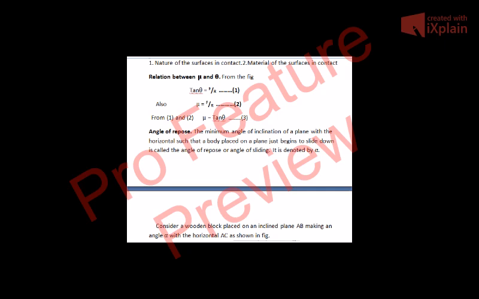For example, we draw a line like this, and here is a brick. The brick does not come down. This is the angle. Now we will increase the angle.